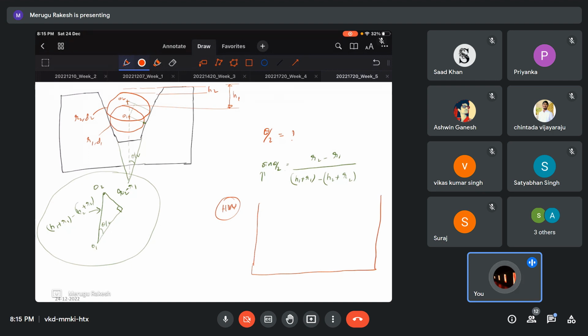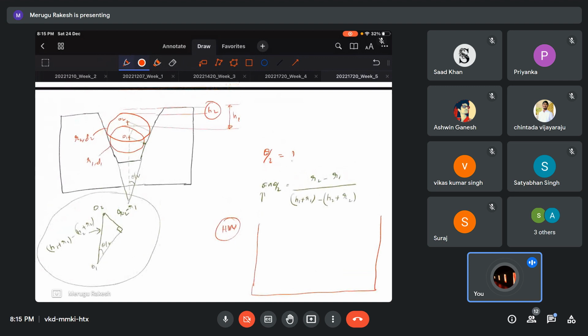So just think, suppose I don't have H2 and H1, instead they have given me these values: the distance between this and the center line distance. So instead of the vertical heights, I now have these horizontal dimensions, x axis and w.